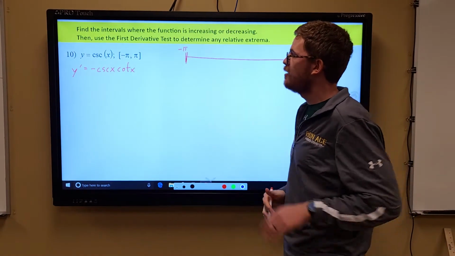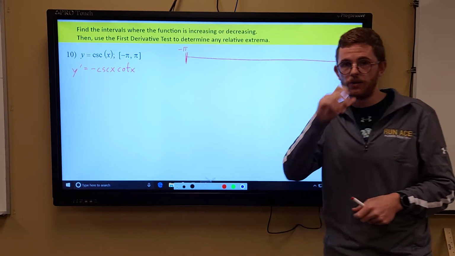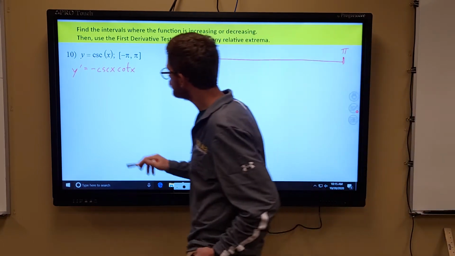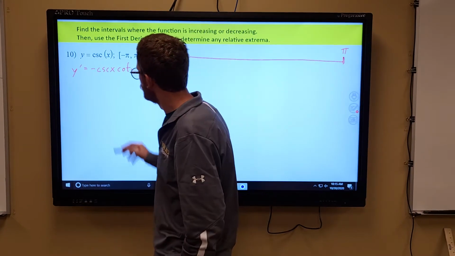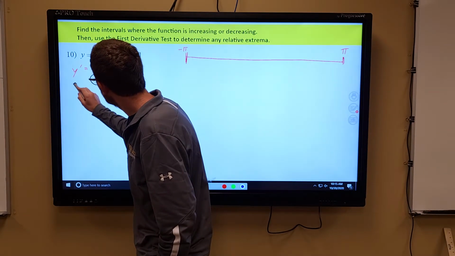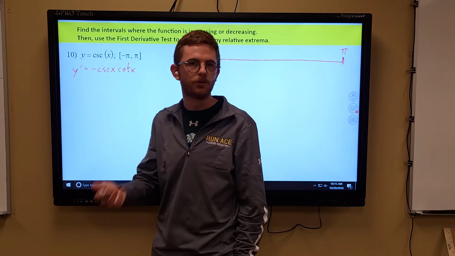So now that we have our first derivative, we do have to find those critical values. And there's a few ways we can think about this. But first, I'm going to think about when our derivative equals 0.